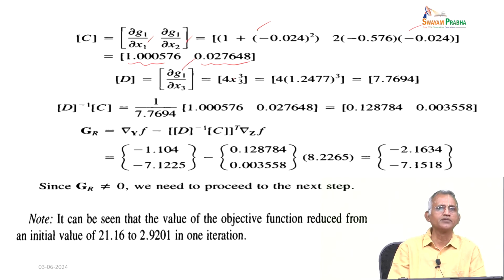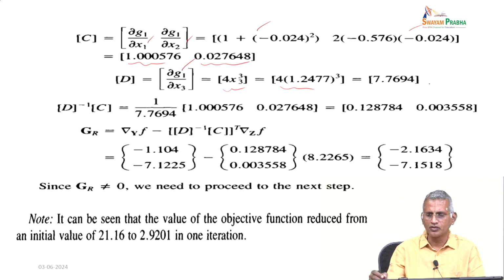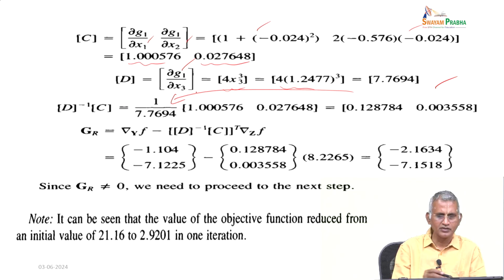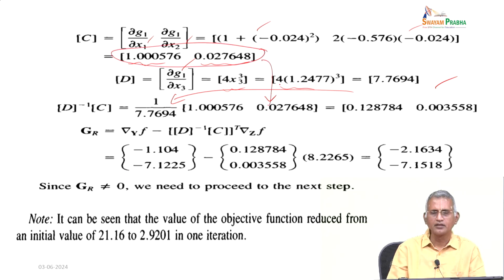Partially with respect to x3, 4x3 will come. The x3 value you know, substitute it so that you can get the value. Now, you take the inverse of D, therefore 1 by this, and C you know. Substitute these values here and divide them, and you get two values, one is 0.128, another is 0.003.